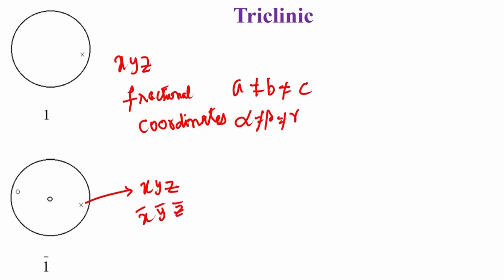That actually is the inversion of x, y, z about itself across the center of inversion. So, this gives us the symmetry operations which come inside the triclinic cell in the case of the point group symmetry.